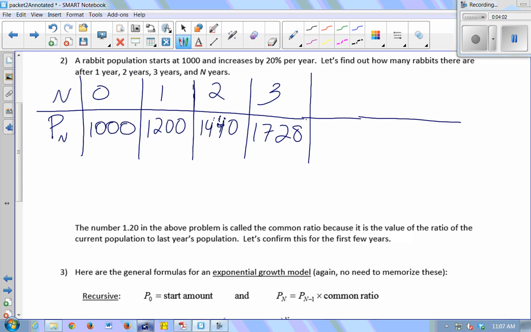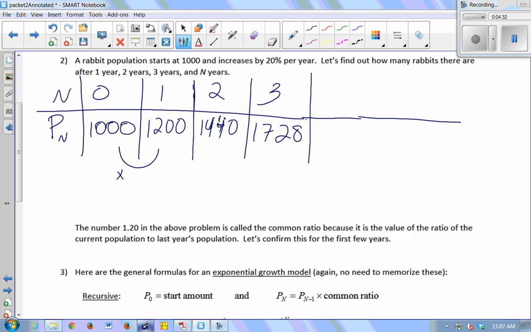I can do this year after year, and this results in something called a geometric sequence, because to get from 1,000 to 1,200, what do you multiply by? Well, 1,000 times 0.2 is only 200. You multiply by 1.2, because I want to keep 100% of it, so that's the 1, and add another 20%, so that's plus the 0.2.